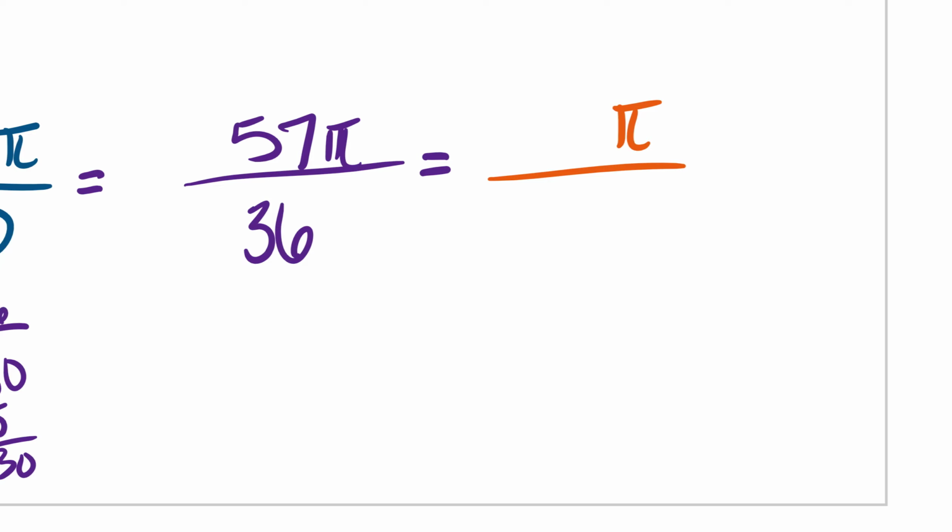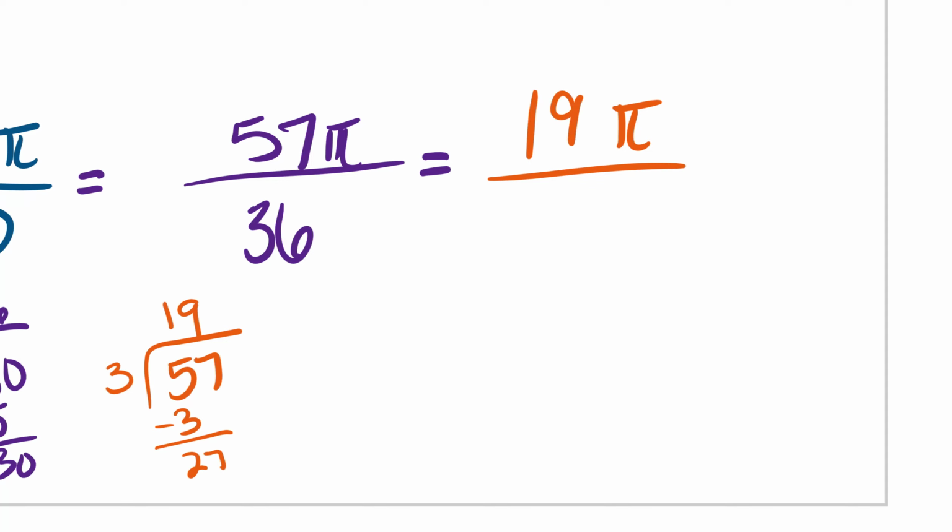Well, it may not be as obvious on this one, but I can tell you 3 goes into both. Now on the test, I made it a little easier to tell what number goes into both, or at least I hope I did. This one is a little harder because it's the practice test, but if you can get this, you can get the real test. So I can do 57 divided by 3. 3 goes into 5 once, and then 19, which you already knew is 19.